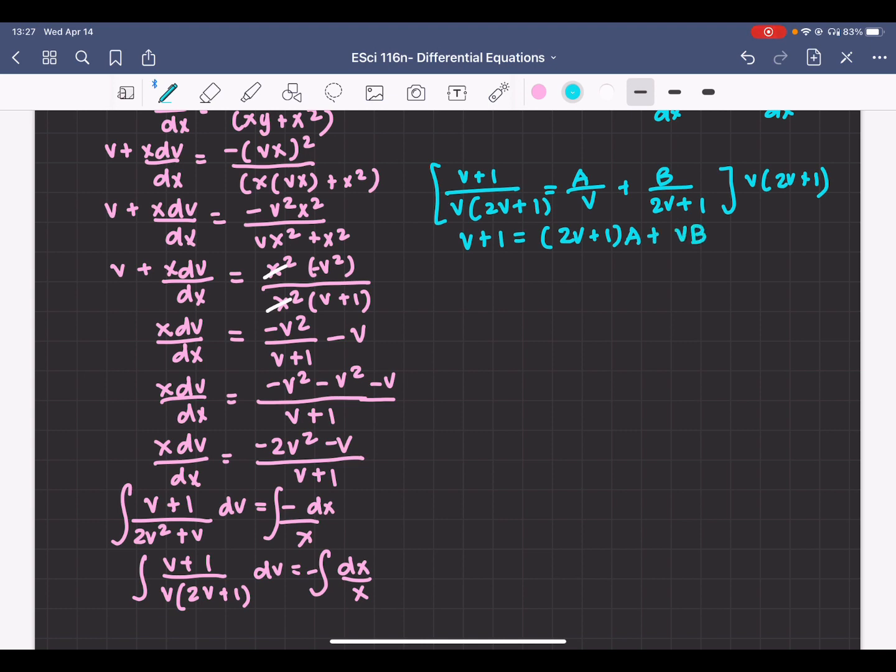So to get our values for A and B, let us set constant values for v. Let v equal 0.